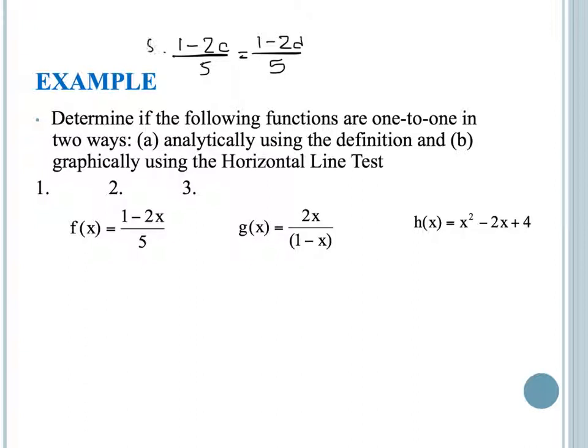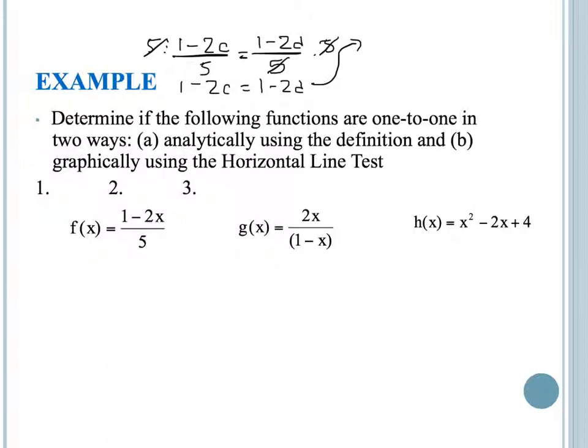I'm going to multiply both sides by 5 because who wants to work with fractions? So those are now gone. Now I have 1 minus 2C equals 1 minus 2D.